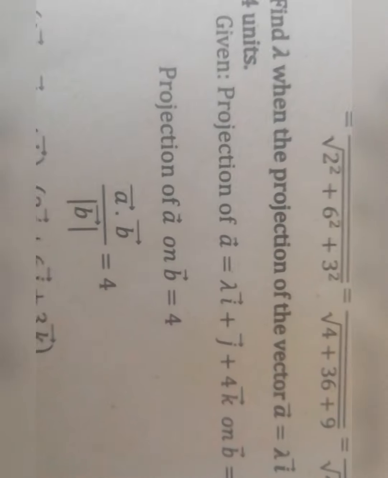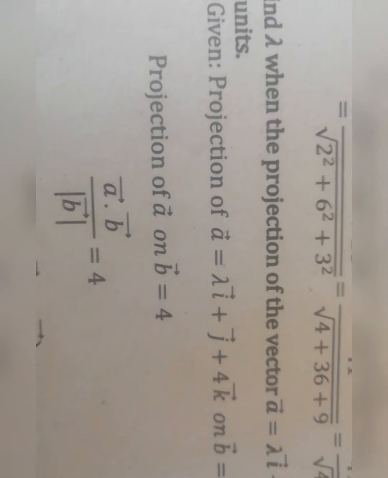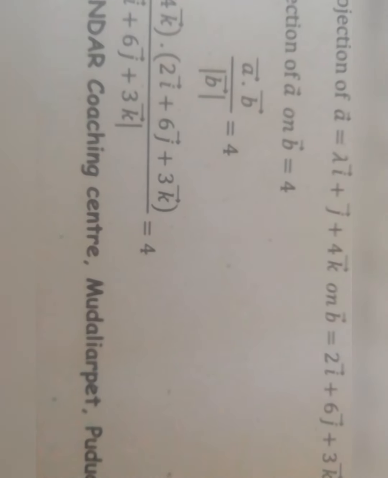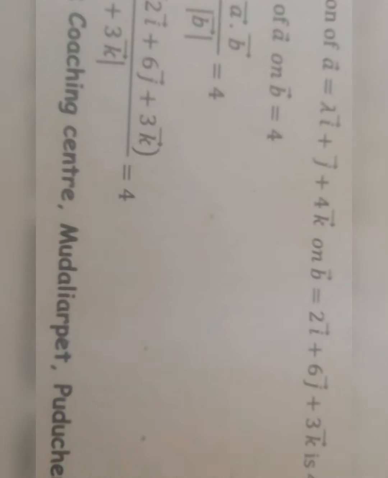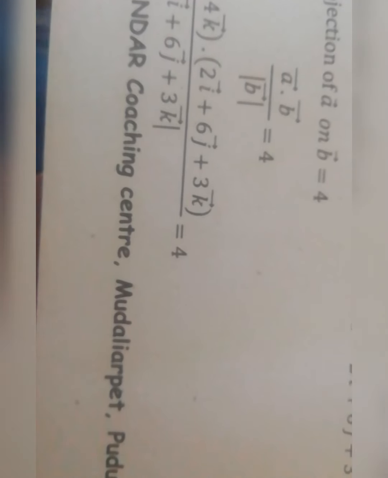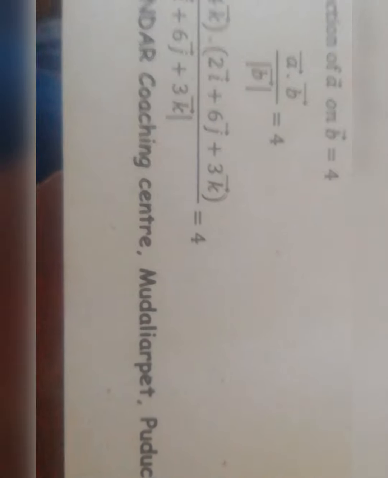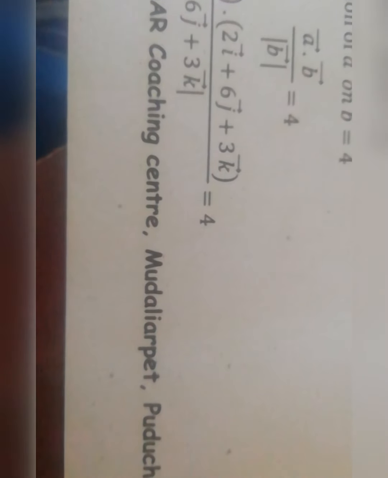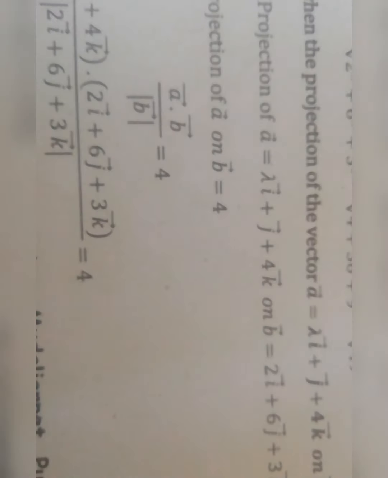The answer is given. Find the value of lambda. So you can take the given two vectors a and b. The answer is 4 units. Use the projection formula. Projection of a vector on b vector equals 4. So the projection of a vector on b vector is a vector dot b vector divided by modulus of b equals 4.